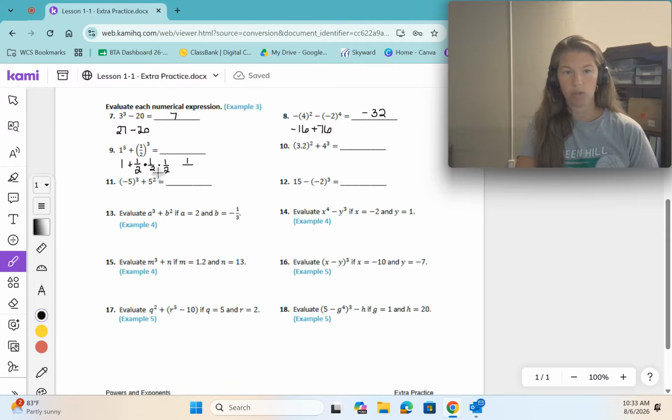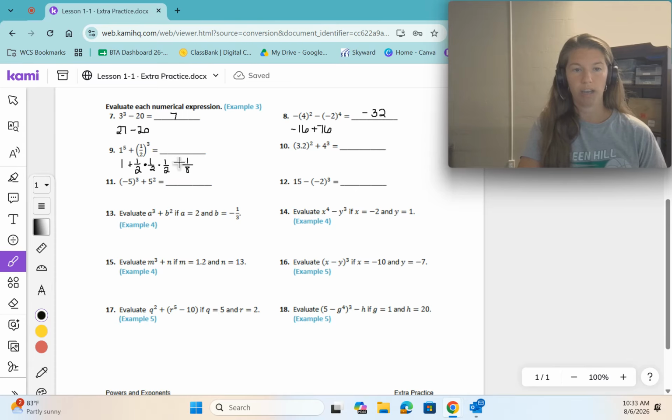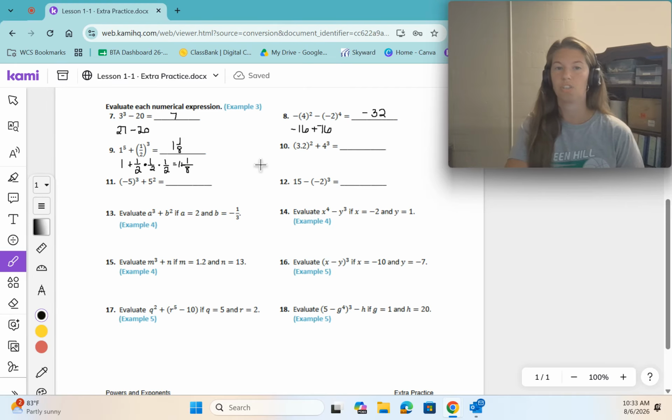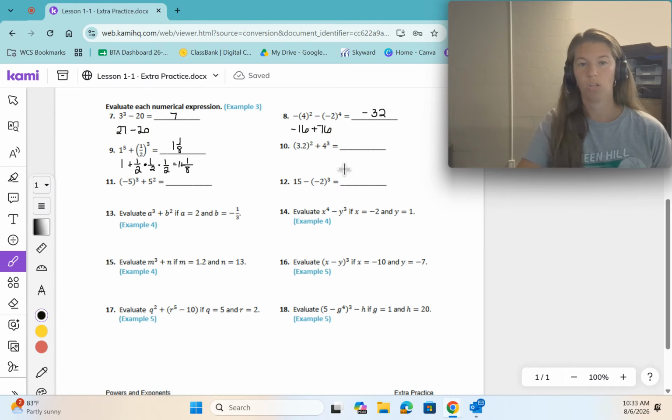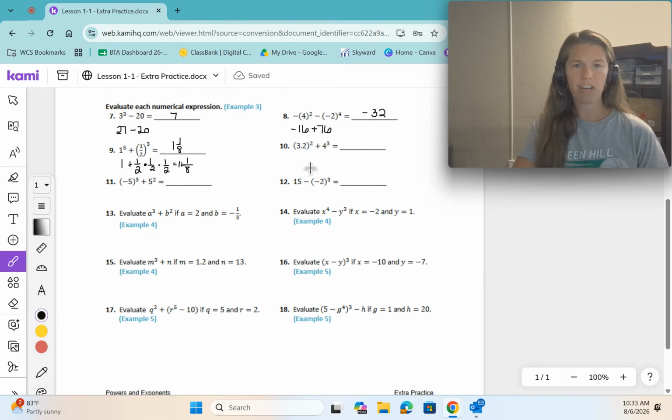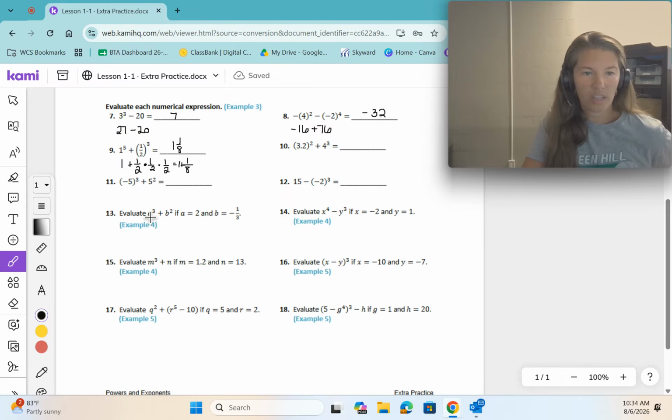Multiply across the bottom, 2 times 2 is 4 times 2 is 8, so we get 1/8. So we get 1 plus 1/8, which is 1 and 1/8 as your number there. And then there's 3 more here that you can try on your own for that one.